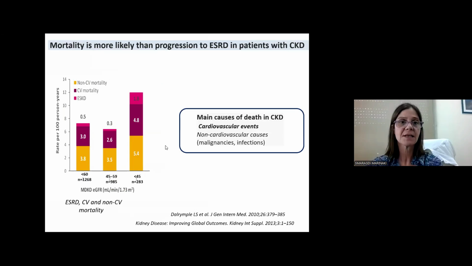We can see here in this graph the yellow bars show the non-cardiovascular causes of CKD mortality, such as malignancies and infections. The deep purple represents the cardiovascular events, and the light purple represents those patients with CKD that finally progress to ESRD.